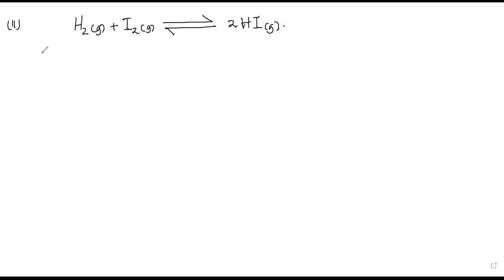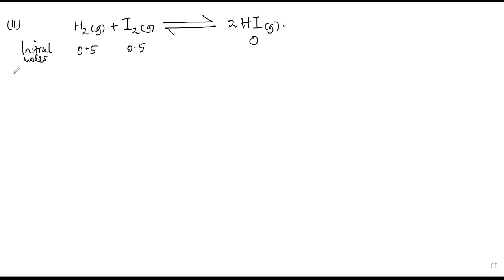Well, so here, we have initial moles. For hydrogen, we have already calculated the initial moles there, so there was 0.5, 0.5, but initially you don't have hydrogen iodide.